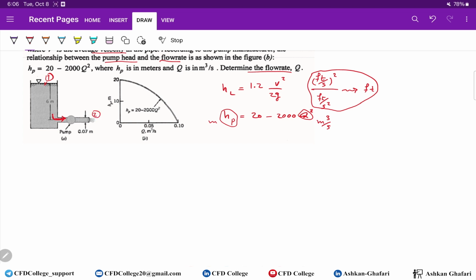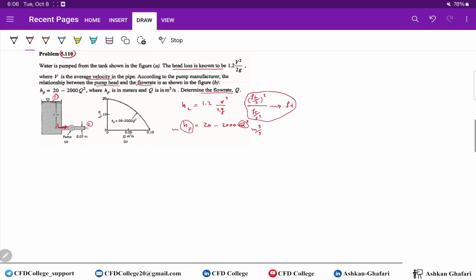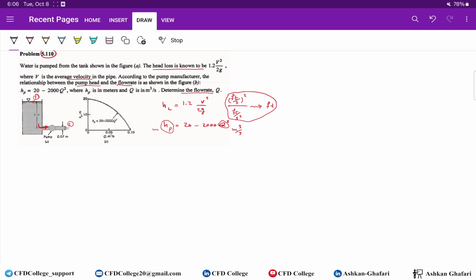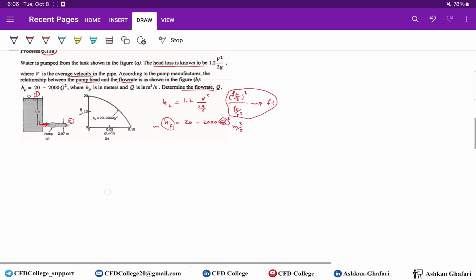Why? Because we know something about the pressure, elevation, or velocity. Here we know pressure is atmospheric, and we have the elevation, and this is the free surface. We know pressure, velocity, and the elevation. So we have our key points. We can solve the problem.